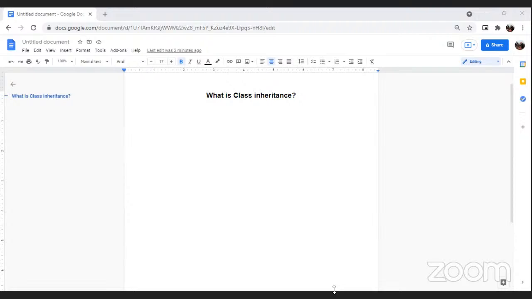Inheritance allows us to define a class that inherits all the methods and properties from another class.